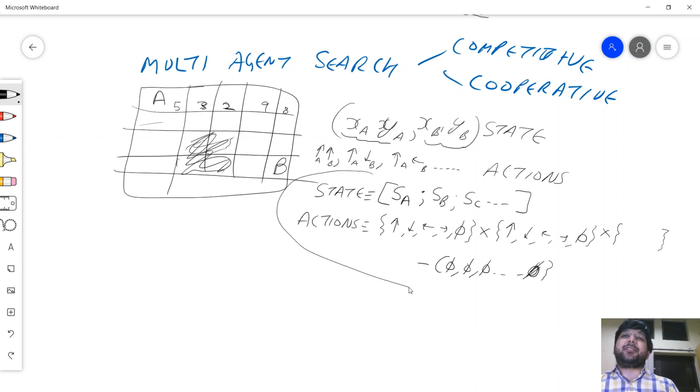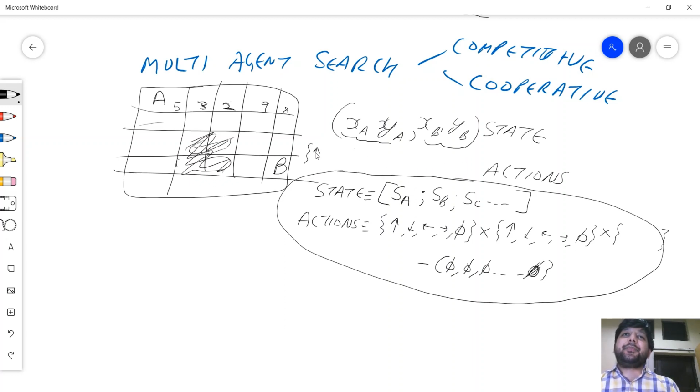And because we are not doing the generic case, we are doing a specific case over here, let me complete the actions notated as a cross product. My actions are up, down, right, left, no operation, cross, up, down, right, left, no operation, minus the no operation specific case.